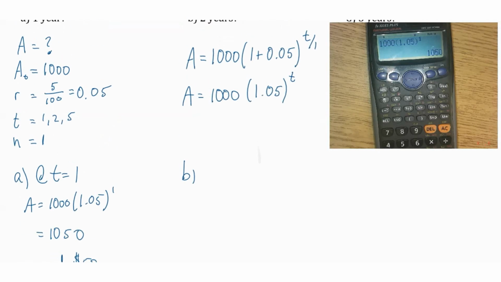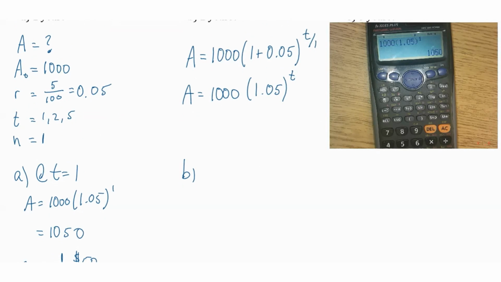Question B is after 2 years. So that's at T equals 2, and we do the same thing. 1.05 to the 2. So if I made $50 in the first year, presumably you'll make $50 in the second year again, and so we'll have 1,100. Is that what we might think?